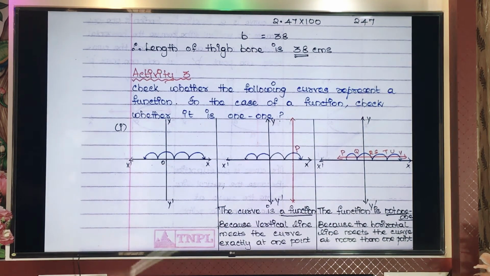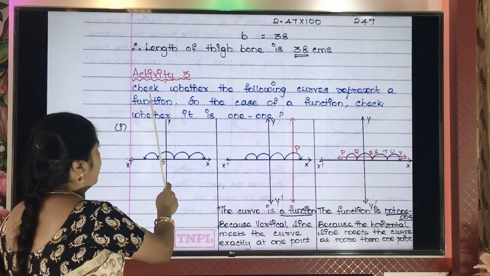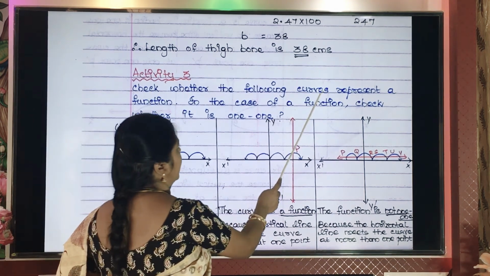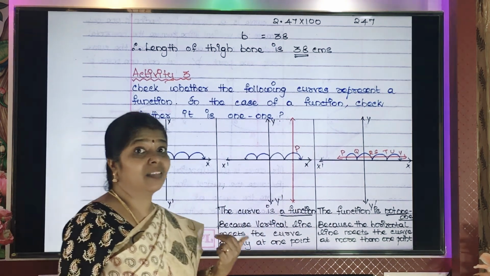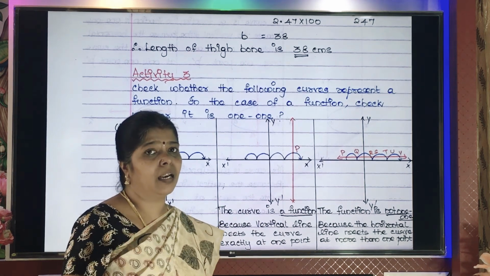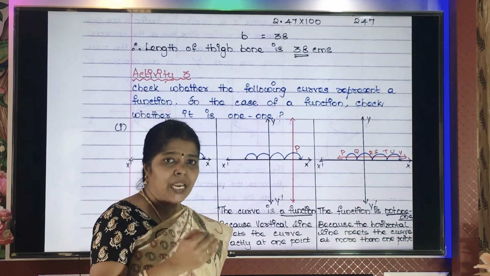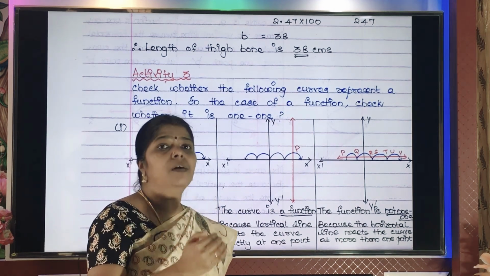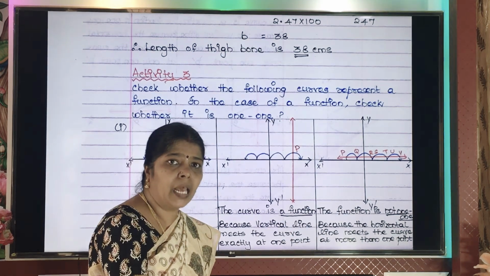Now, there is an activity for you. Activity number 3. We are supposed to check whether the curves represent a function. In the previous class itself, we have learnt about the vertical line test and horizontal line test. Let me do a small recall. To check whether the curve is a function, you need to draw a vertical line.